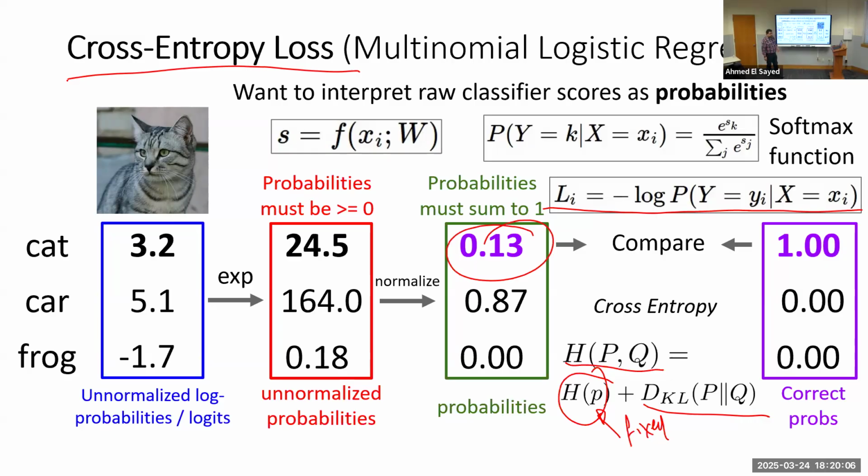Okay? So this is the second technique or second loss function we can use. And to use this loss function, we need to convert the score into probability. To do this, we will use the softmax function. The softmax will convert the score into probability.